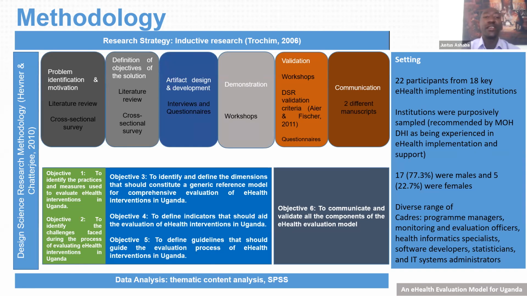Looking at this upper area here, it guides us on these steps: we always need to identify the problem and the motivation for conducting the research, which is what I gave as background on the problem that exists, and of course, define the objectives of what you are trying to work on, or the solution that you are trying to design.